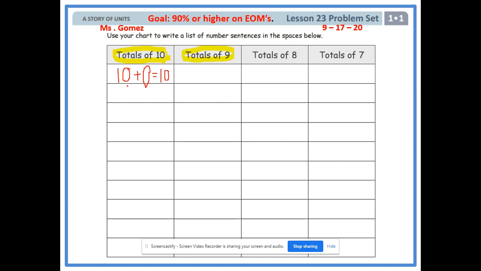Then we also have, the next one is 9 plus 1 equals 10. That's the next expression in the staircase. And what's the next one? Can you tell me? If you said 8 plus 2 equals 10, you are right.